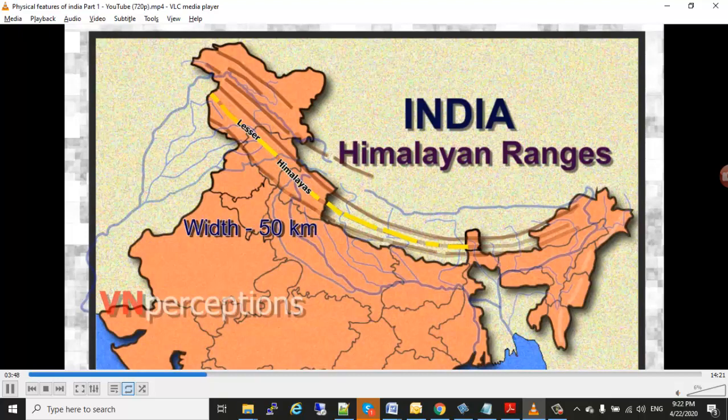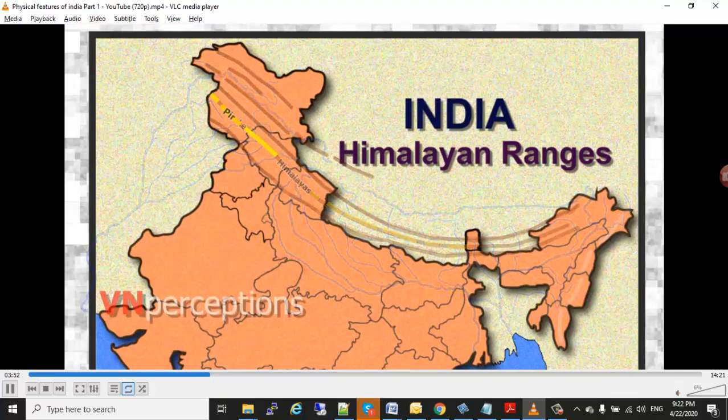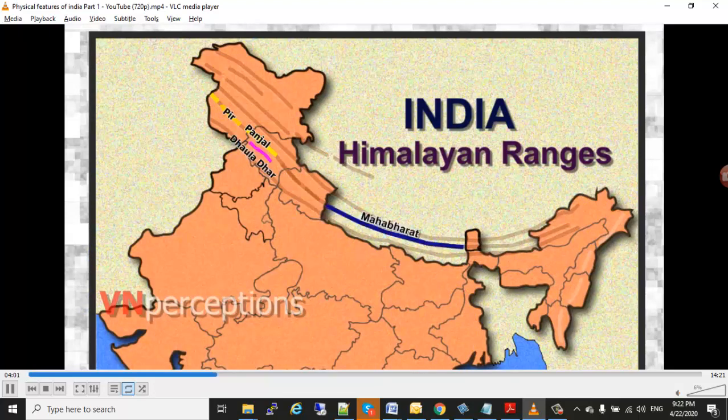It consists of the Pir Panjal range, which forms the longest and most important range. Next is the Dhauladhar range and the Mahabharat range. Now these three ranges are the important ranges lying in the Lesser Himalayas.